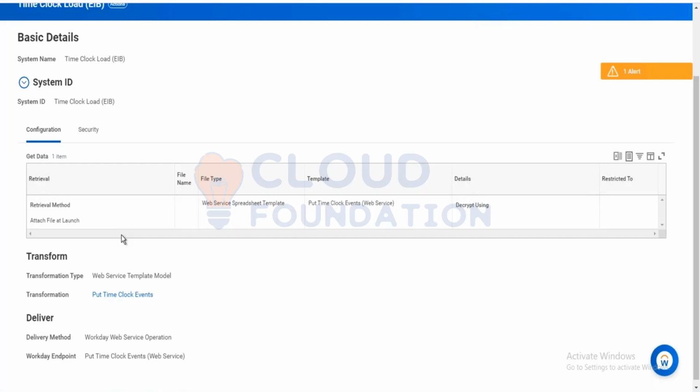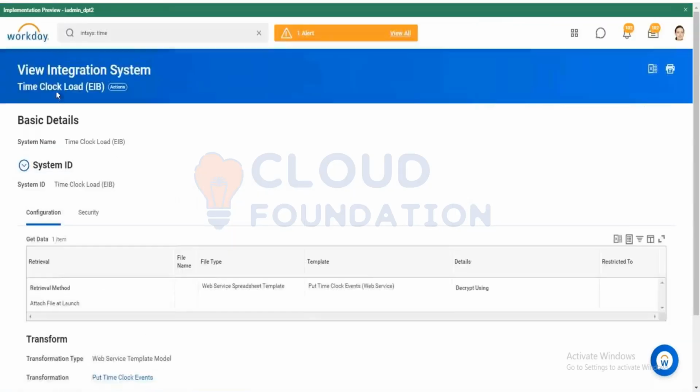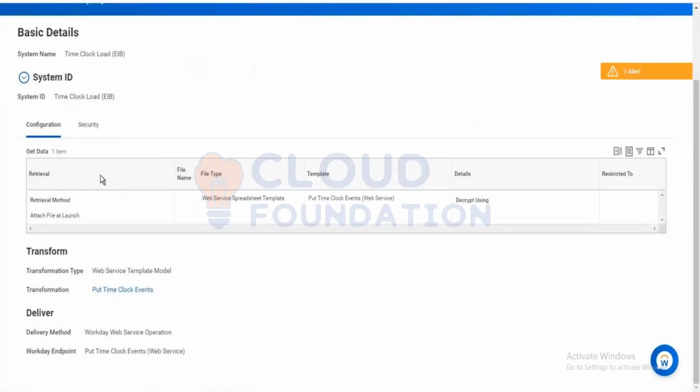You put those hours into that CRM system, and then after a scheduling integration, those hours would integrate with your Workday system through this web service, put time clock events. Then also this inbound integration would work. Anything which is coming from an external system is an inbound integration, and anything which is going from our system to the external system is known as an outbound integration.